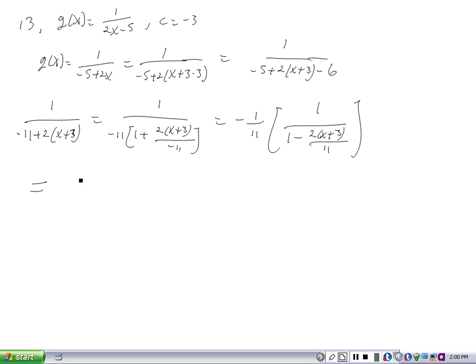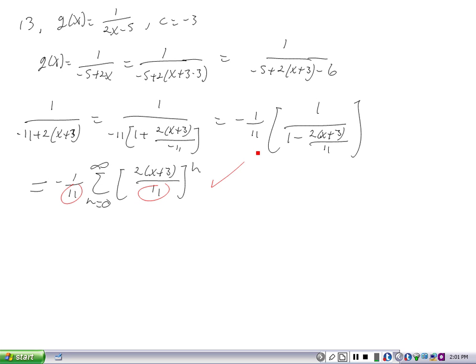And then just by the definition of how we define the power series based on the geometric series, you get the -1 over 11 sitting on the outside times the summation as n goes from 0 to infinity of 2 times x plus 3 all over 11 to the n. And you can take this 11 and hook it up there with this guy and have in the bottom 11 to the n plus 1, whatever. That's fine. You just leave it like that, and I'm happy with that.